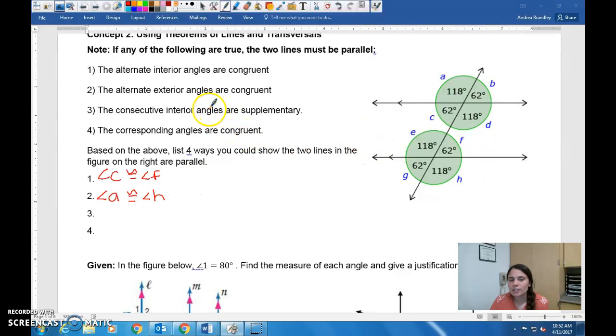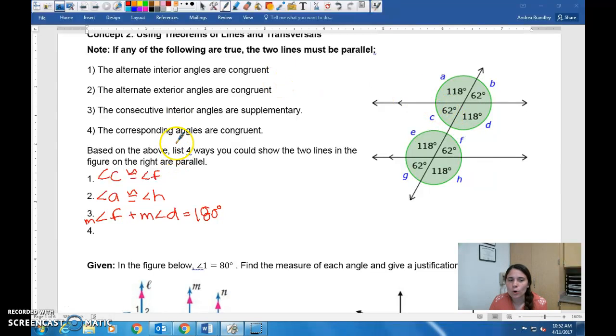Now, if consecutive interior angles are supplementary, so if we look at this side, F and D are consecutive interior. So if the measure of angle F plus the measure of angle D equals 180 degrees, then they have to be parallel. And 118 plus 62 is 180 degrees, so these two lines have to be parallel.